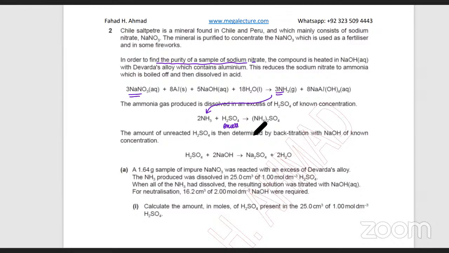The unreacted sulfuric acid is then determined by back titration with NaOH. So the unreacted, leftover acid is then reacted again with NaOH.